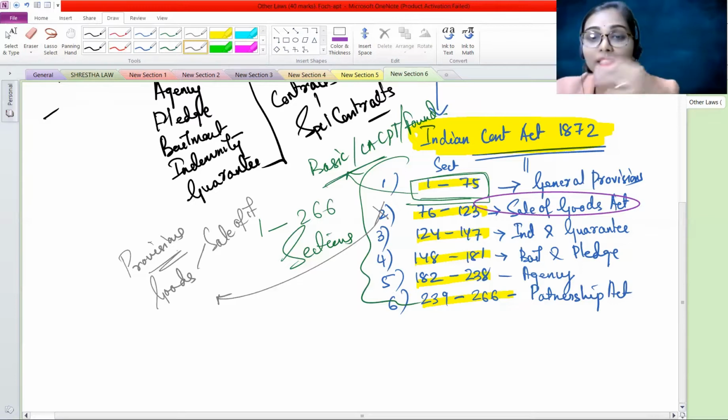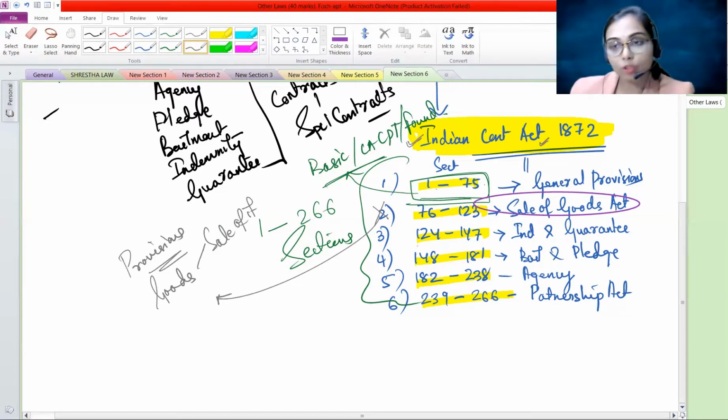When it has many things related to goods, it is obviously explained in a different act. It is not involved in this particular act now. So they removed this portion from the Indian Contract Act and kept sections 1 to 75.